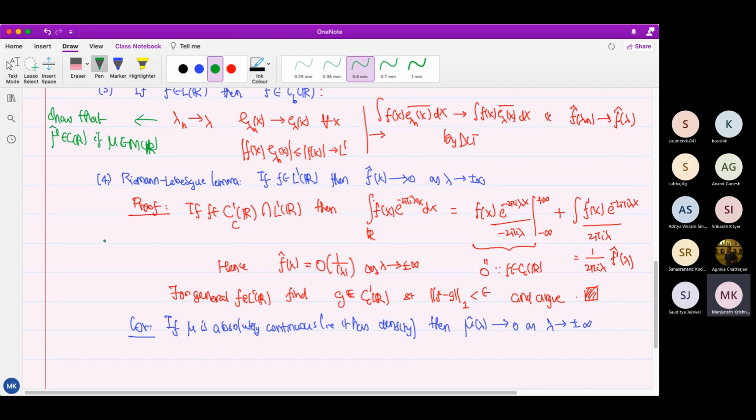But this third property is not true. Okay, so this is false for general measures. As an example, if mu is delta 0, that is the Dirac measure at 0, then mu hat of lambda, you have to integrate e lambda against it, is 1 for all lambda. So mu hat does not vanish at infinity.